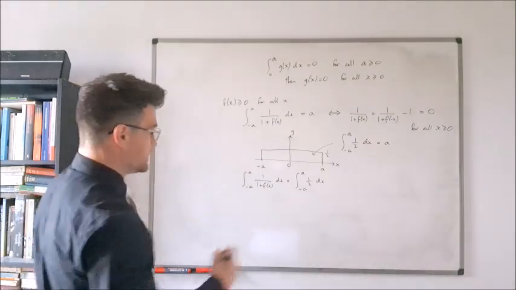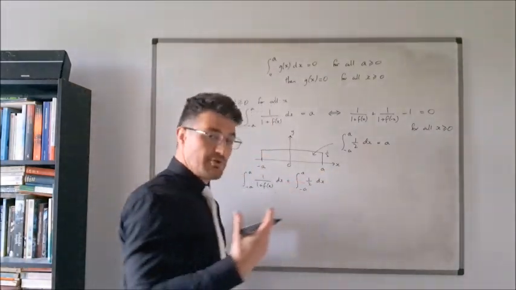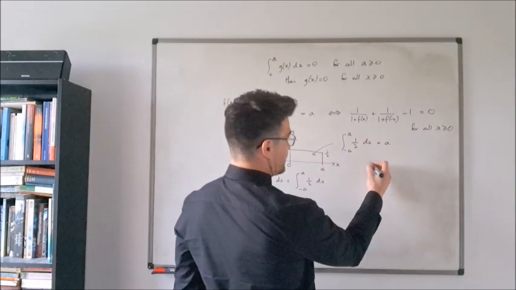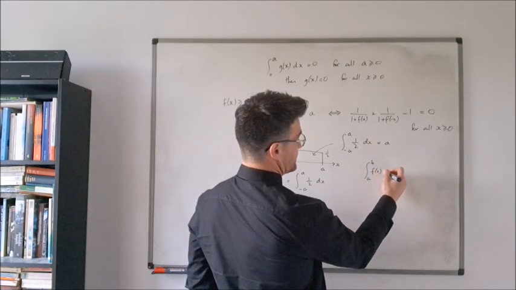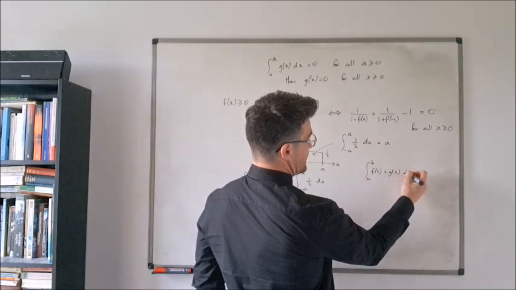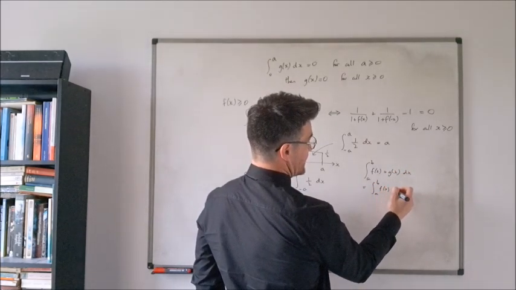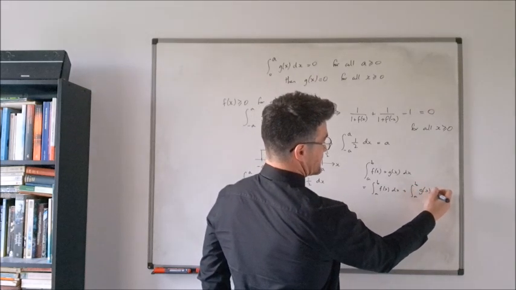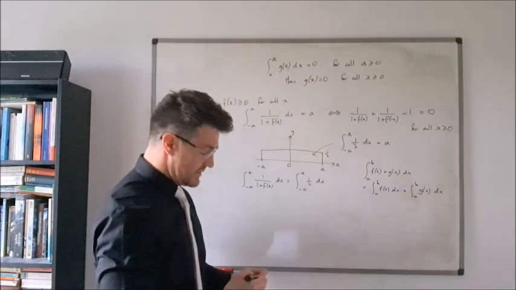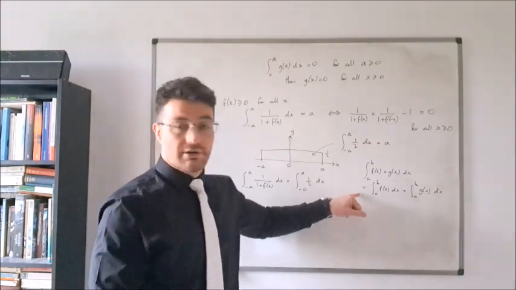Why is that useful? Well, because I can use the properties of integrals: if I've got the integral from a to b of f of x plus g of x dx, this is equal to the integral from a to b of f of x dx plus the integral from a to b of g of x dx. This is one of the so-called linearity properties of integration.